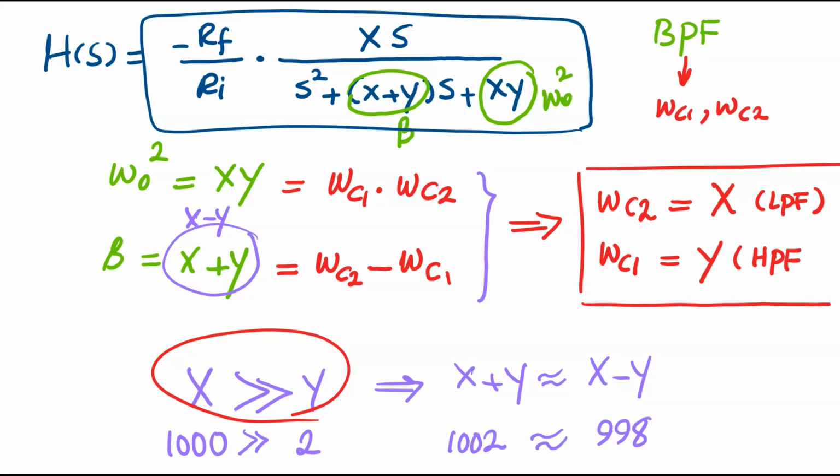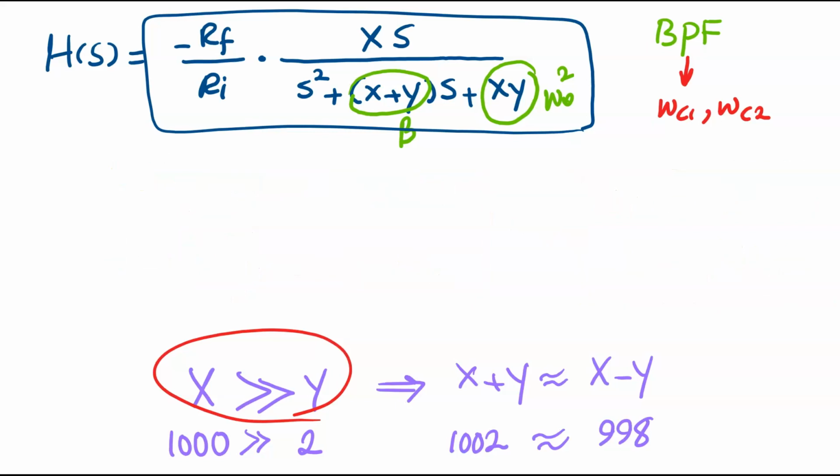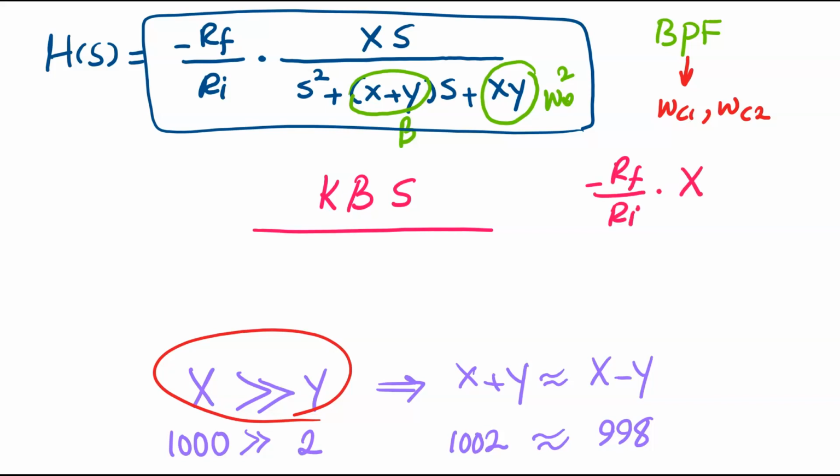Let me delete some here. What we have for the numerator of a standard bandpass filter transfer function is basically K multiplied by beta multiplied by S. Looking at the numerator here, what I have is minus RF over RI multiplied by X multiplied by S. Now, what is my beta?